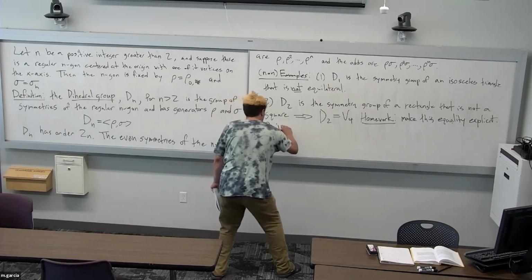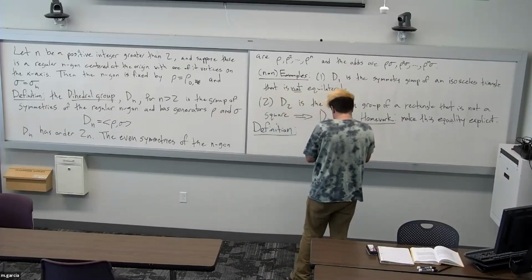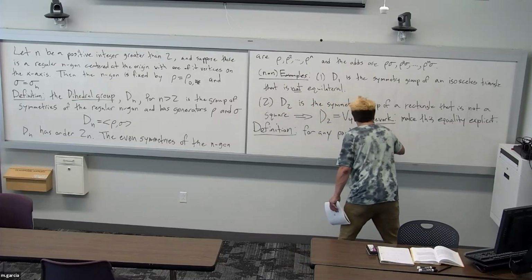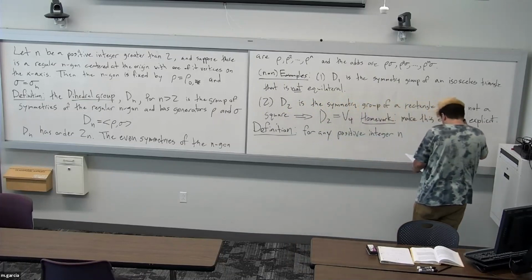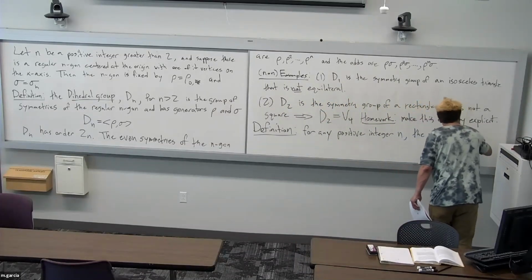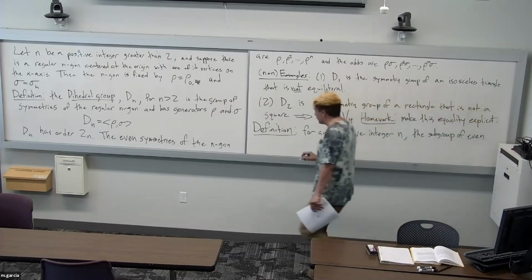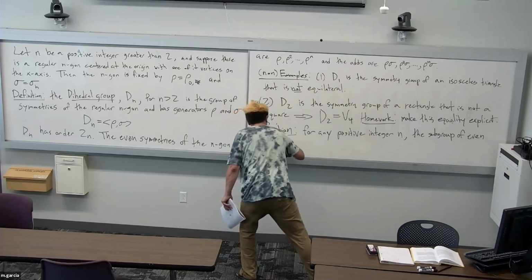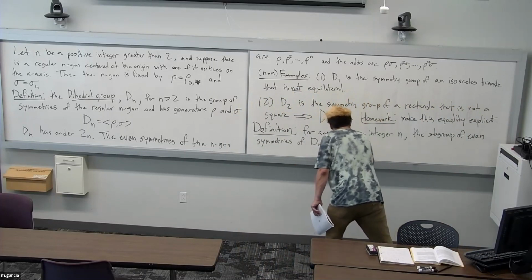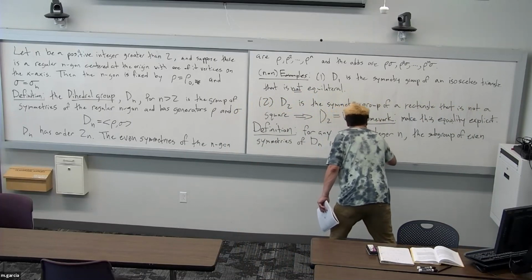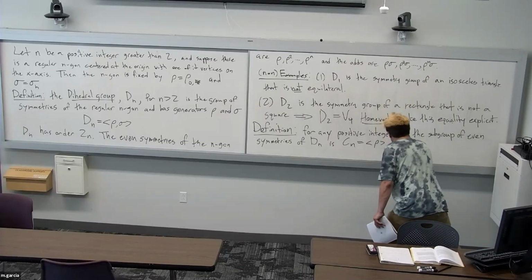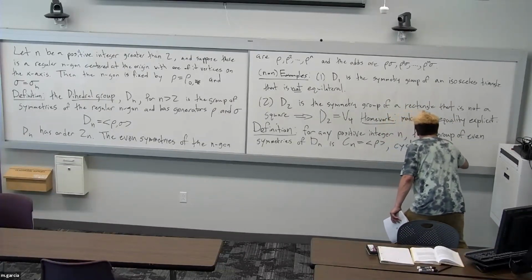Definition: for any positive integer n, the subgroup of even isometries, or I guess I can say symmetries here, of Dn is Cn, just the group generated by the rotation generator of Dn, which is something we've seen before, this cyclic group of order n.